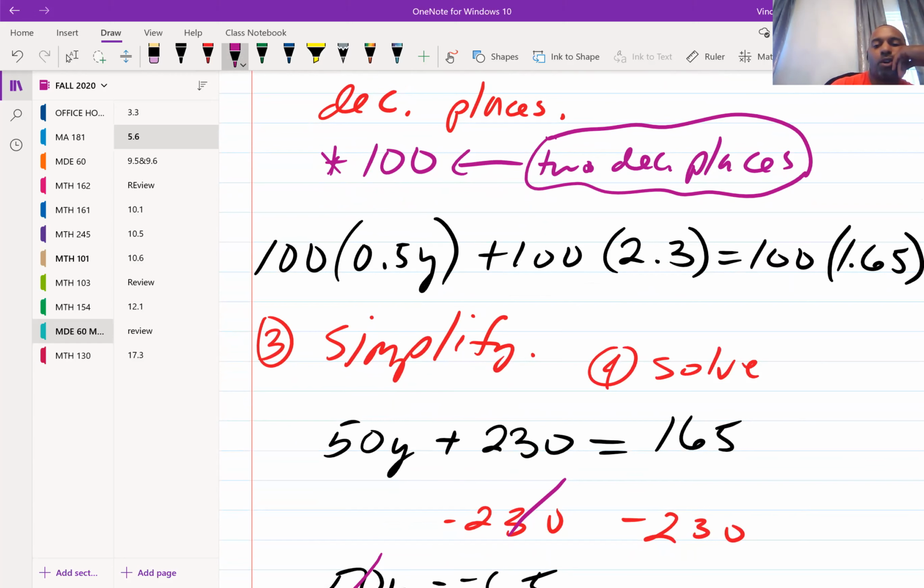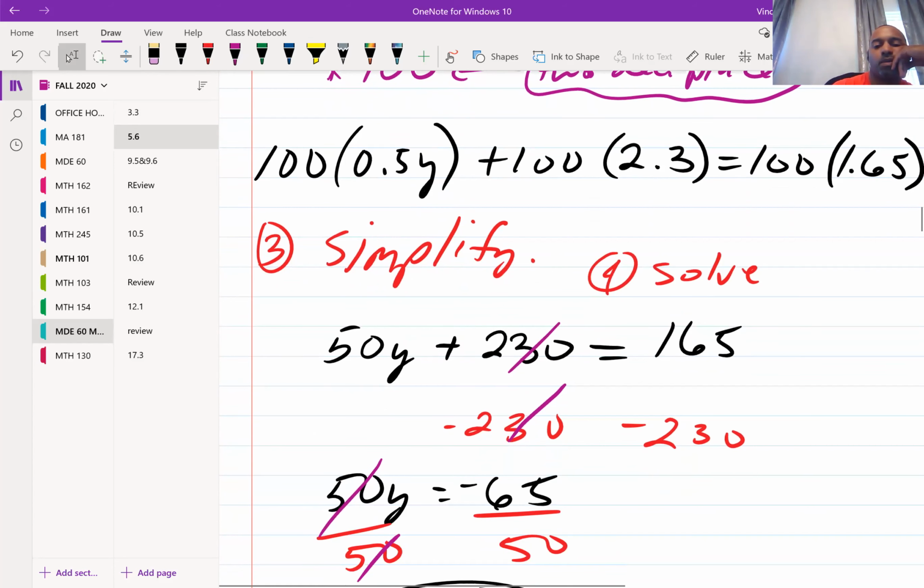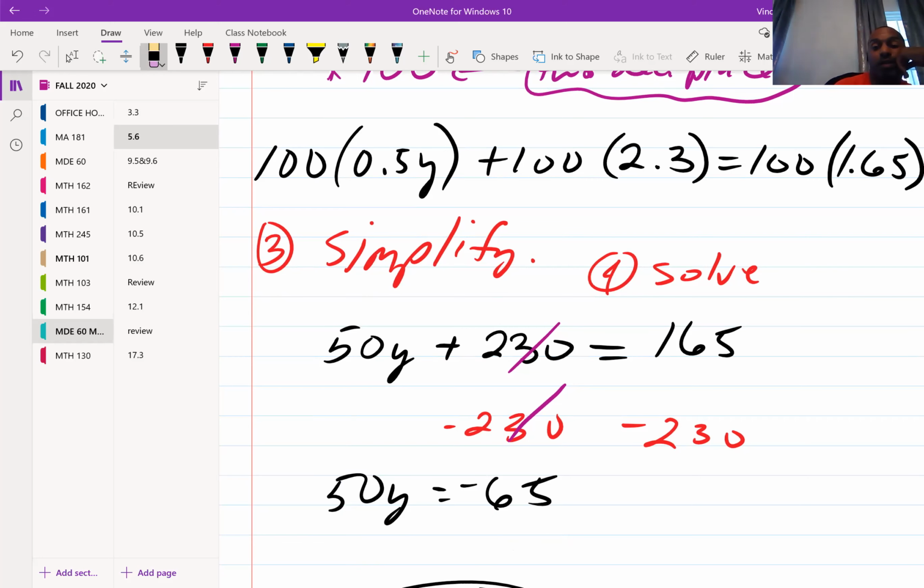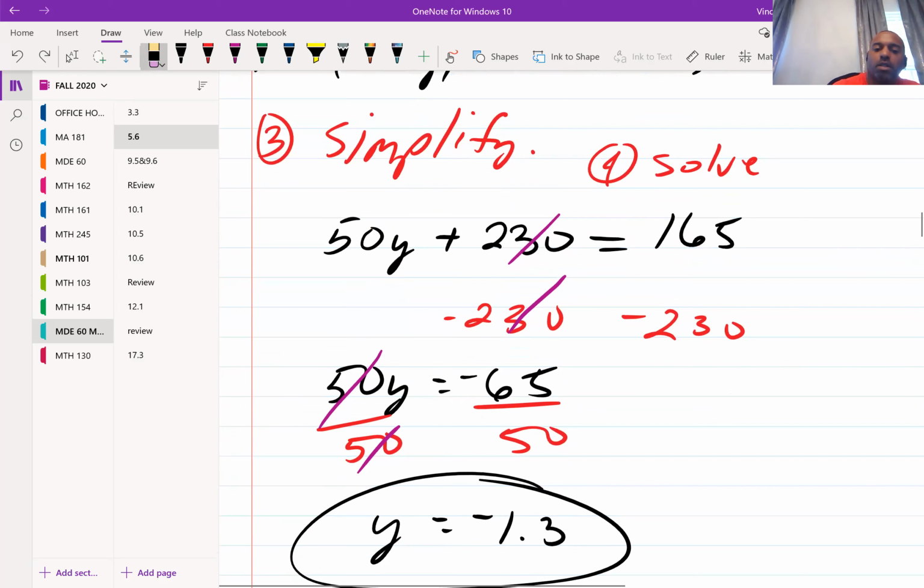All right, so now we can solve it without the decimals, subtracting 230 from both sides. That'll leave us with 50y equal to negative 65. Divide by 50, y is equal to negative 1.3.